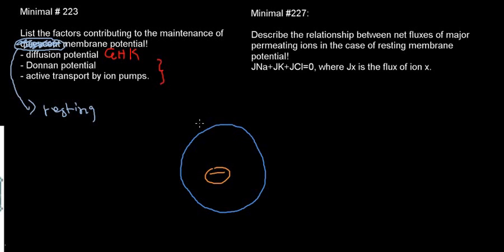So let's say I'm taking in a potassium positive charge. That means I need to eject some sort of positive charge, or maybe take in a chlorine. Or let's say I am losing a chlorine, because I haven't been talking about chlorine much, so I'm going to do that now. If I'm losing a chlorine, I'm losing a negative charge. So I can, let's say, lose a sodium, and that is going to balance it out.